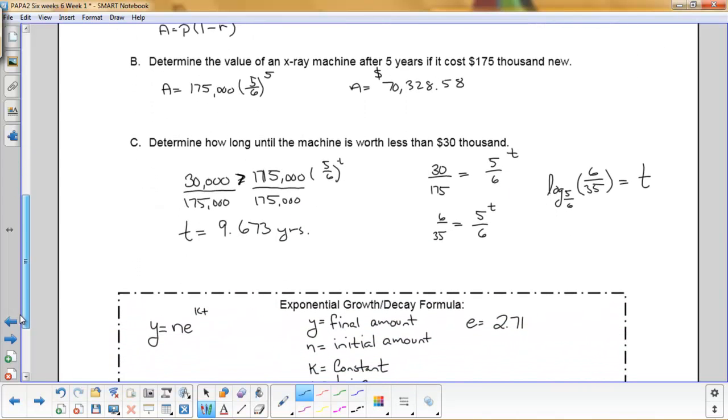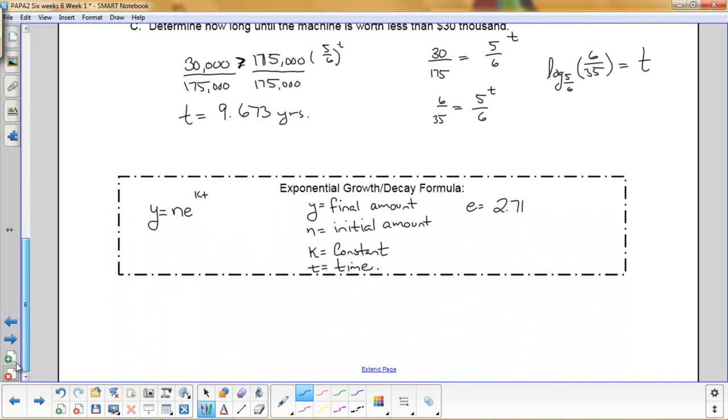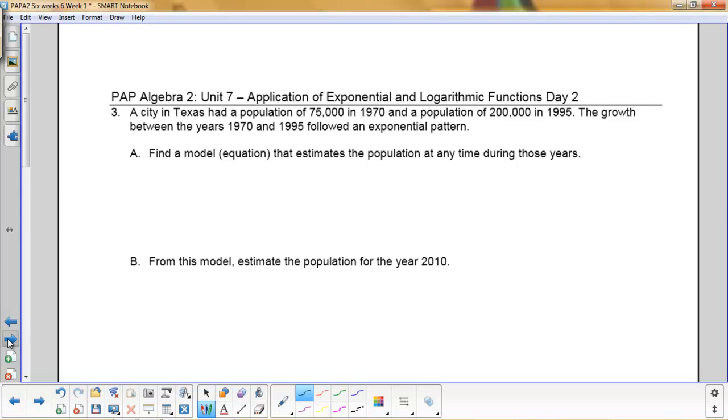Okay, we're going to introduce your exponential growth or decay formula. Looks like this. We'll be using that in the following sets of examples. So we have a population of 75,000, and now we have a population of 200,000 25 years later.